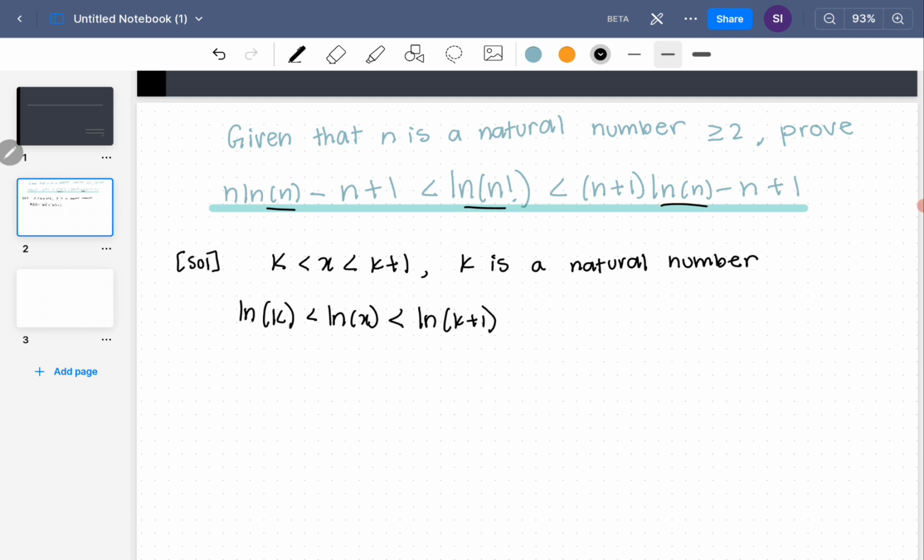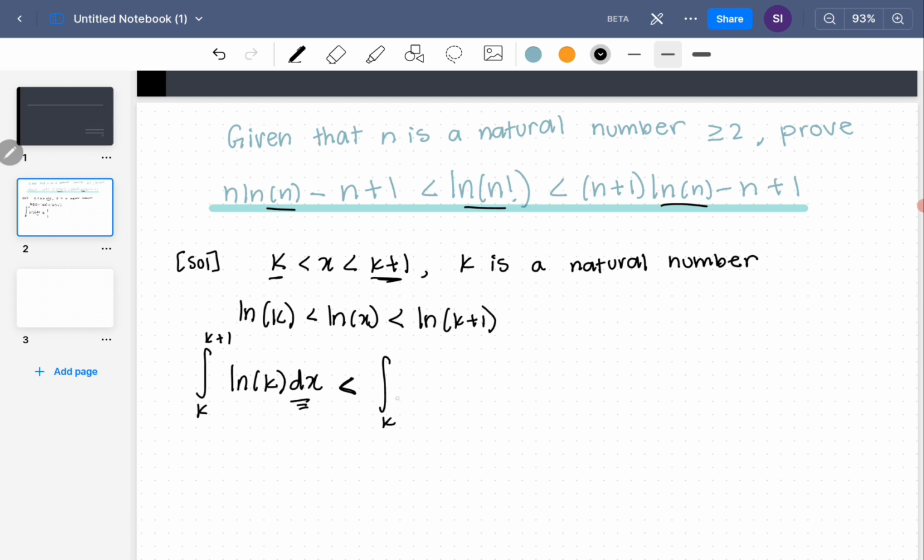Next, let's try taking the integral of this. So let's take it from k to k plus 1 because we see that x is greater than k and less than k plus 1. So let's just start from there. So integration k to k plus 1 of natural log of k dx, we're going to differentiate with x.